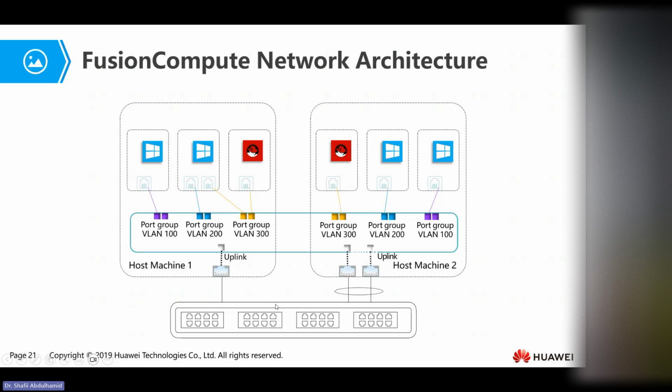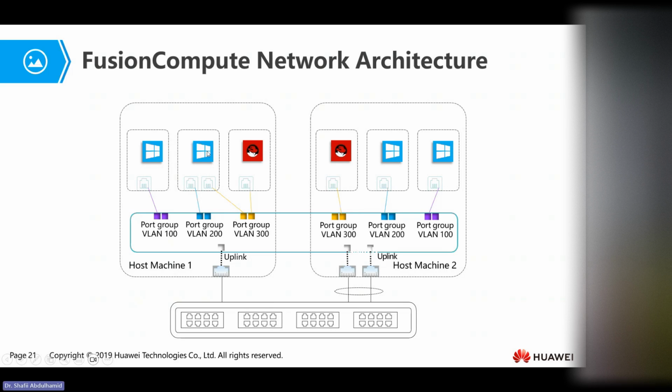So there isn't much difference from the base concept that we mentioned. You have a physical switch, you have a host machine, you have another host machine, and you will need a virtual switch. On this virtual switch, you can create different groups of VLANs, and then you can have your virtual machines. This is a virtual machine with a guest operating system, in this case Windows.